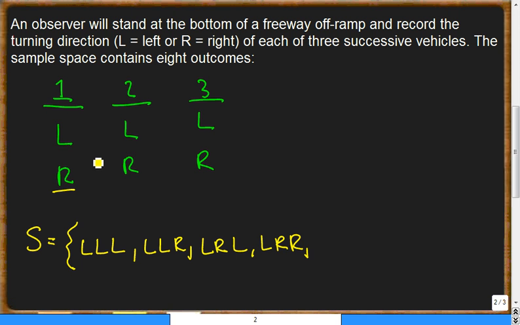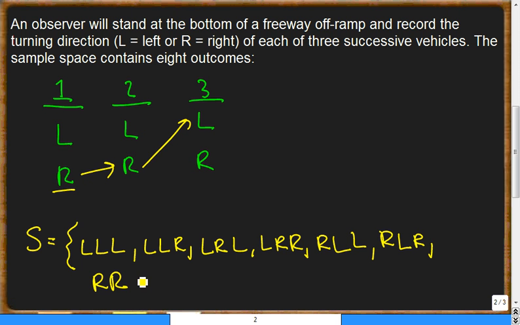When we move to the right car, we can have a right, left, to a left or to a right. And finally, we can do a right to a right, which goes to a left or a right.